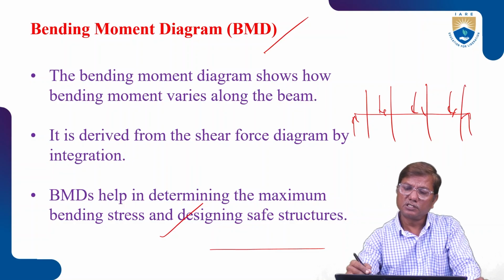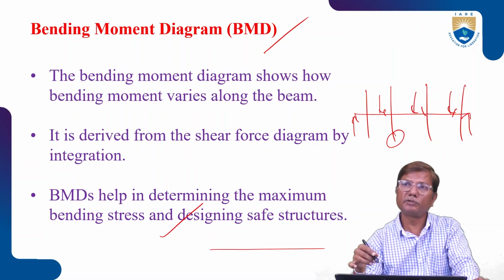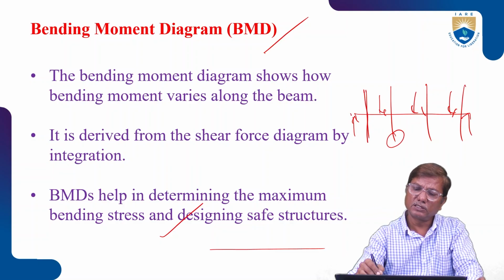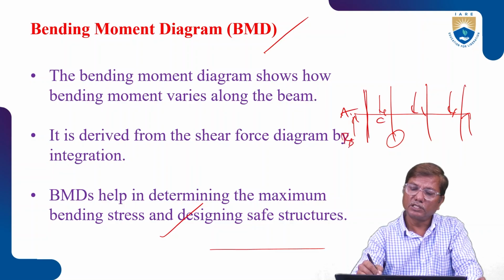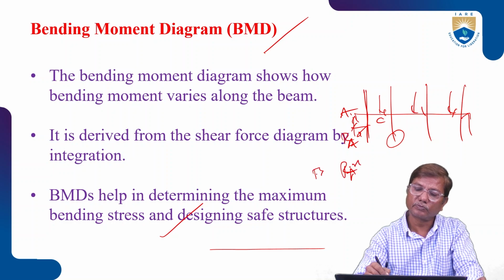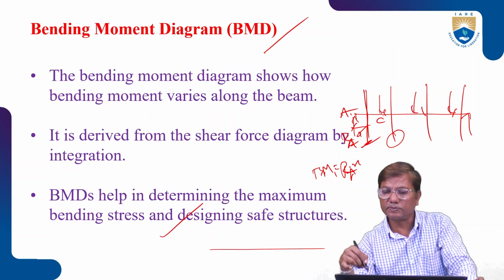Why we need to consider different sections is because the equation for bending moment changes. Between A and C, say, if the distance is x, RA into x is the bending moment at section 1 between A and C.